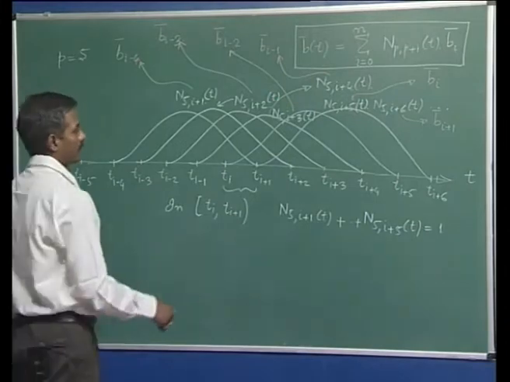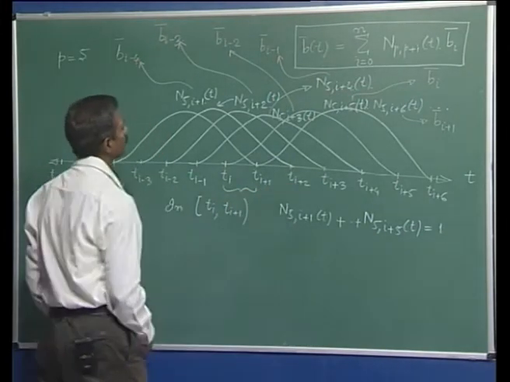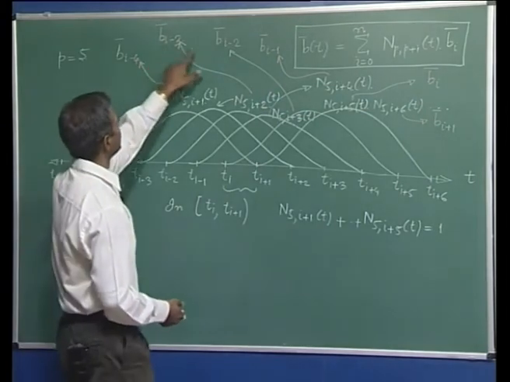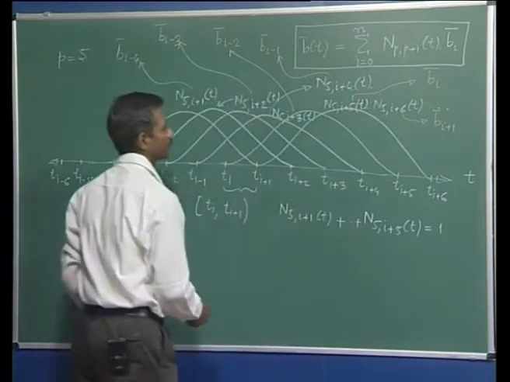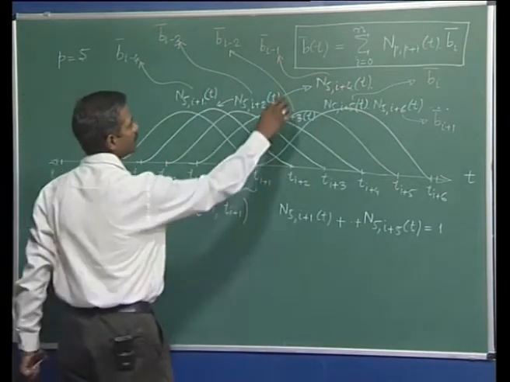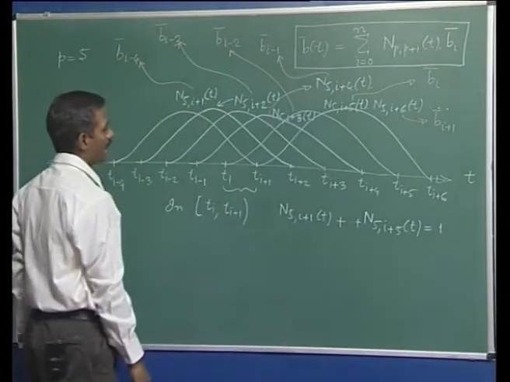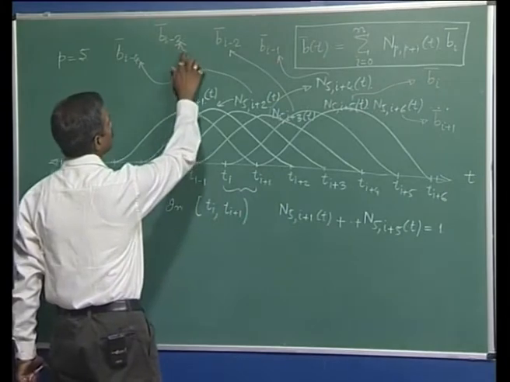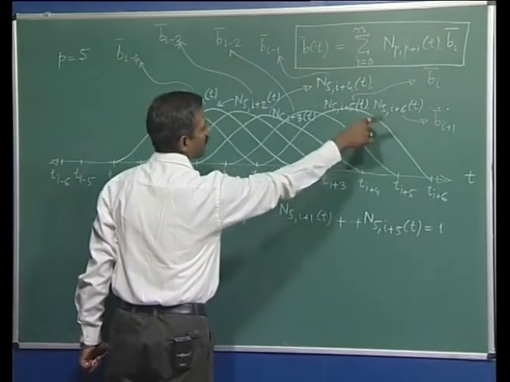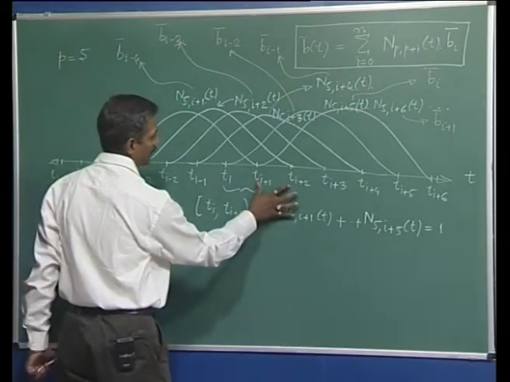In other words, for values of t between t_{i+1} and t_{i+2}, these 5 points will form a local convex hull, and the segment b of t will have a part of it within the convex hull defined by these 5 points for values of t in this interval.